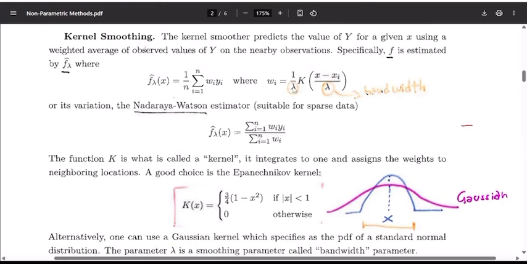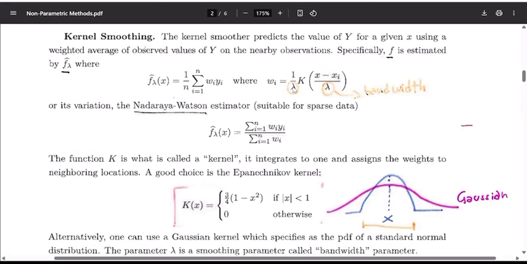Like I said, the bandwidth determines how much of the neighboring data points influence the estimate. I'm going to say that again. The bandwidth lambda tells us how much of the neighboring data points influence the estimate.